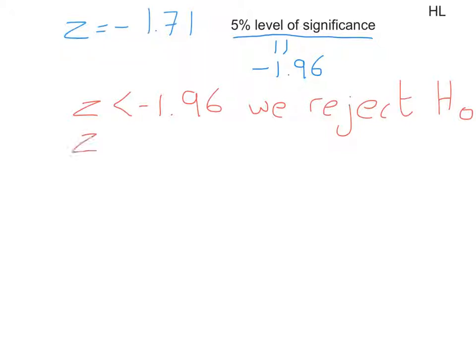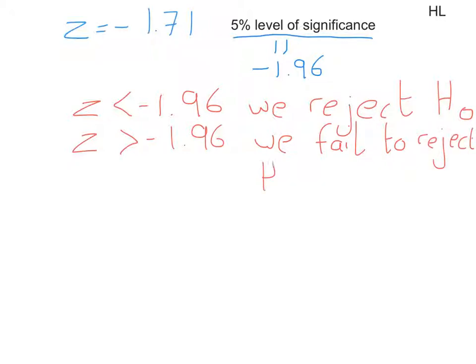Alternatively, if z-score is greater than minus 1.96, we fail to reject our null hypothesis. In our case, minus 1.71, our z-score is greater than minus 1.96.